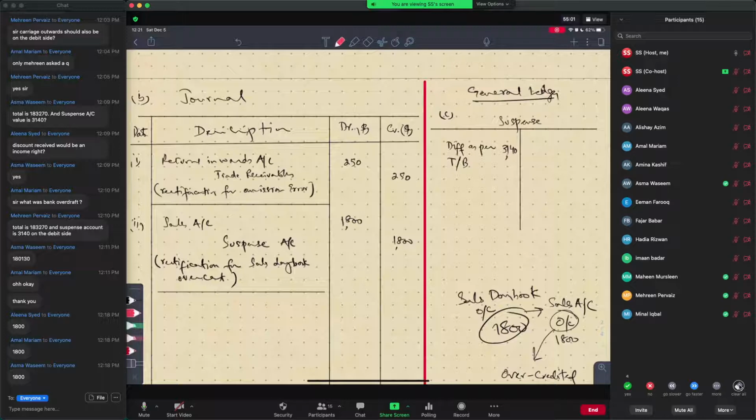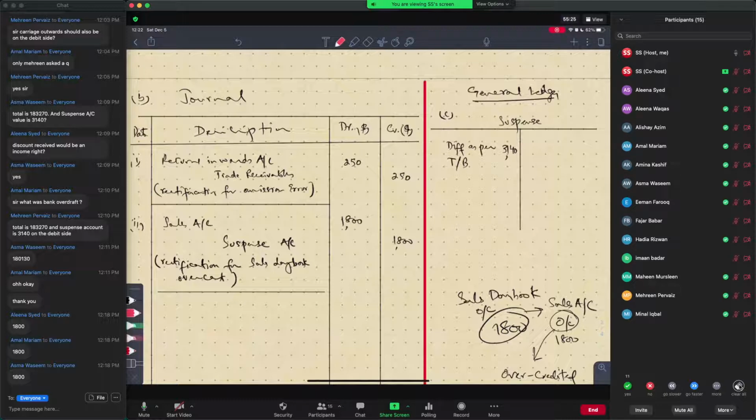The second error, rectification for the second error. Every time there is an error which causes a disequilibrium in the books, suspense account will be invoked in that rectification, and suspense account will find its place wherever there is a vacuum which is created. So suspense account always fills in that vacuum, that gap between the double entry system.